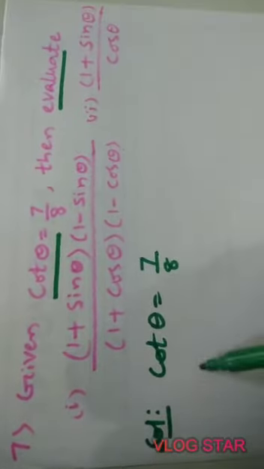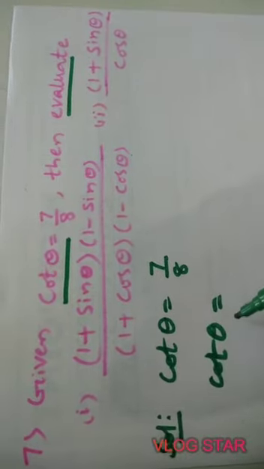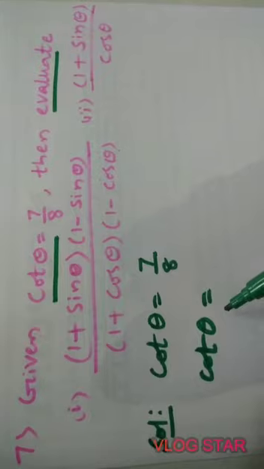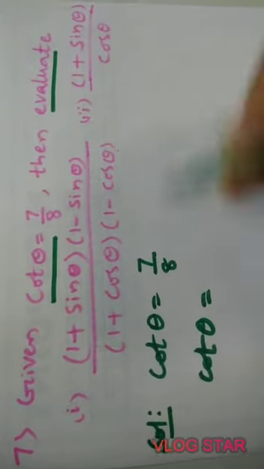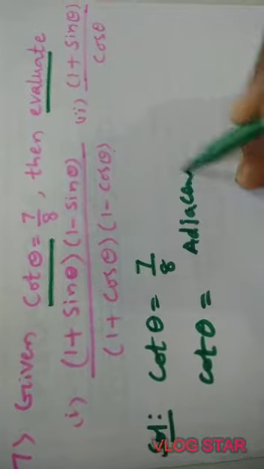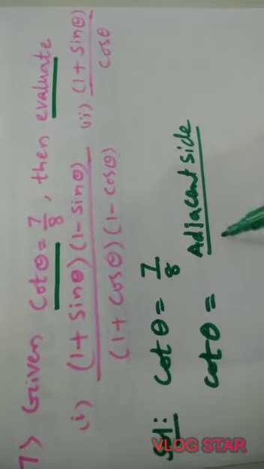So we know that cot is the multiplicative inverse of tan. Tan is opposite side by adjacent side, so cot is adjacent side by opposite side.